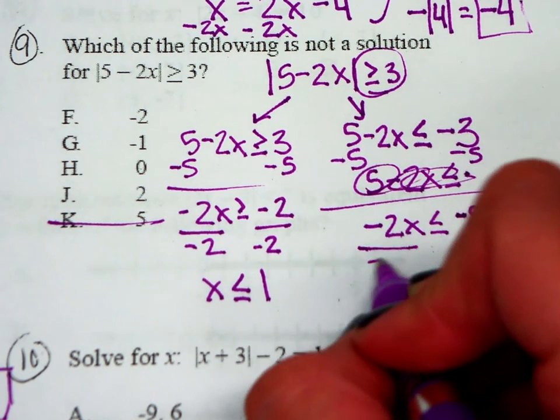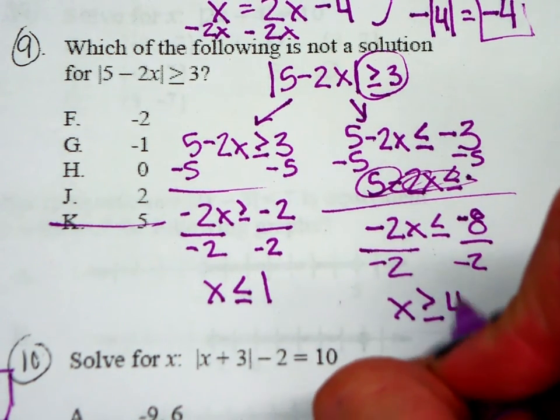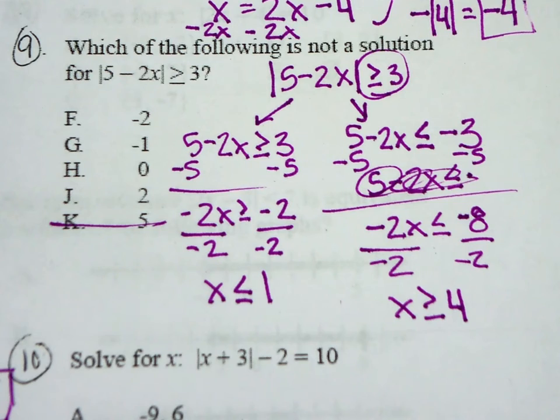All right, negative 8, and then we divide by negative 2, making this x is greater than or equal to 4. So I'm looking for an answer that's either greater than 4, greater than or equal to 4, or less than or equal to 1. Okay?